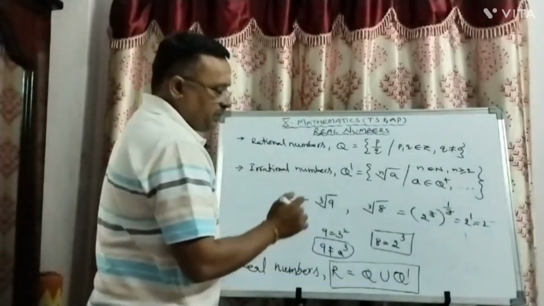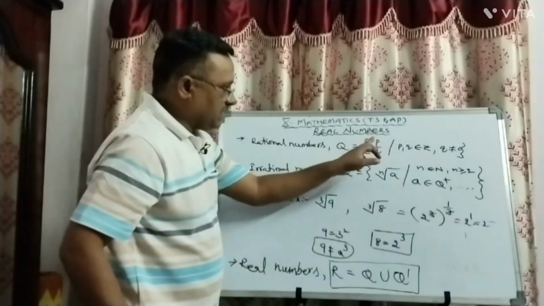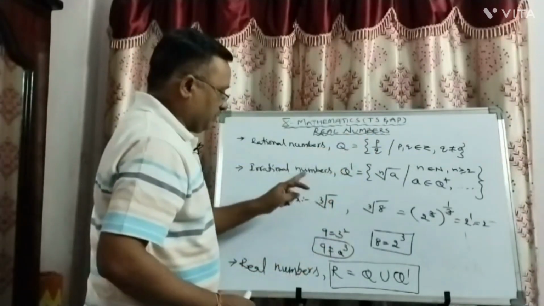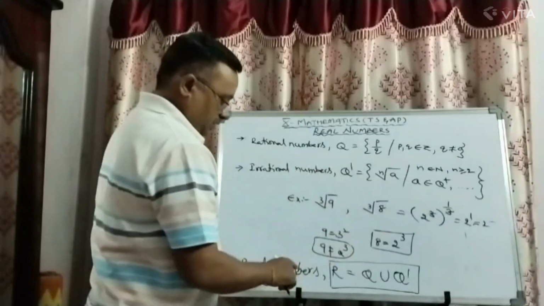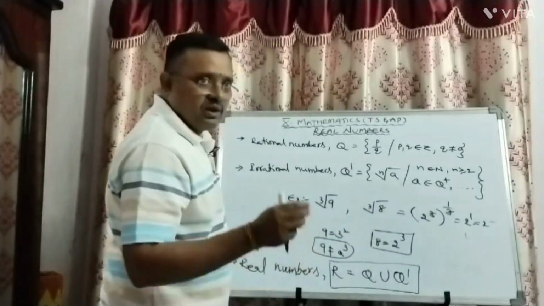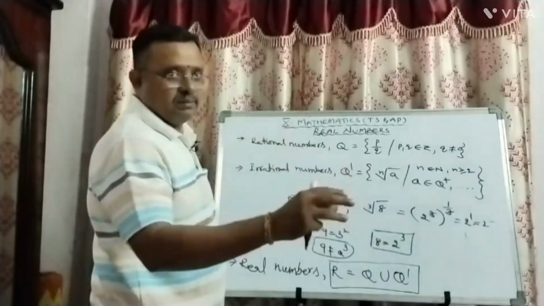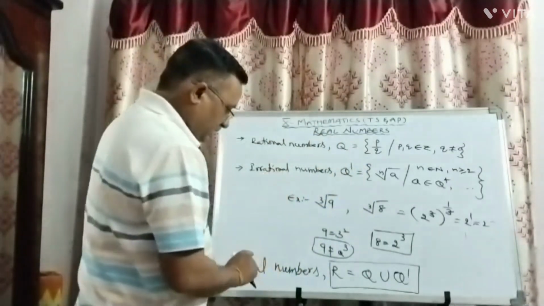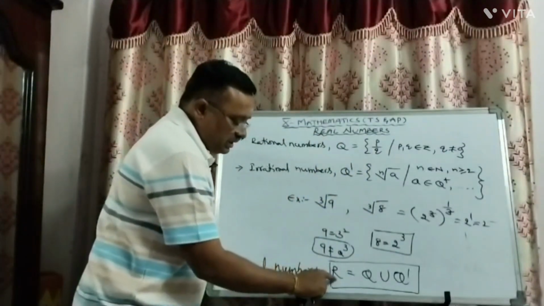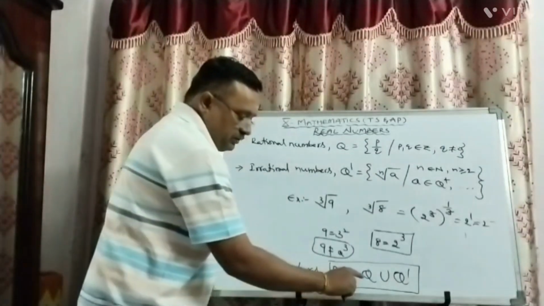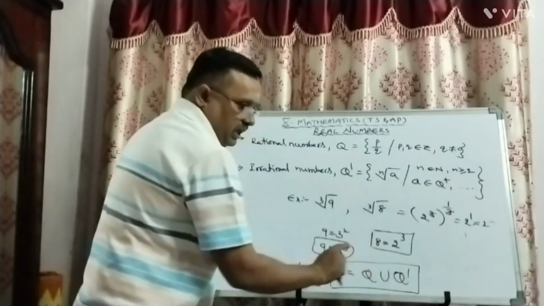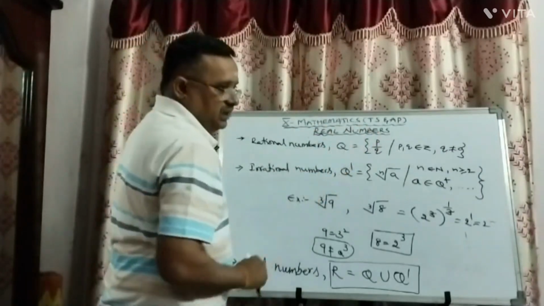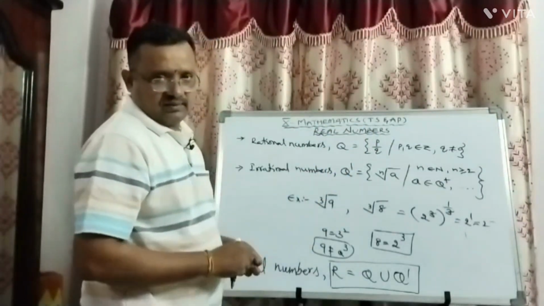It means both the rational numbers which can be written in p by q form and irrationals which cannot be written in this p by q form can be called real values. We will get them really, practically. We can get them on the number line. That's why its name is real numbers, represented with its first letter R, which is equal to Q union Q dash. Is that clear?